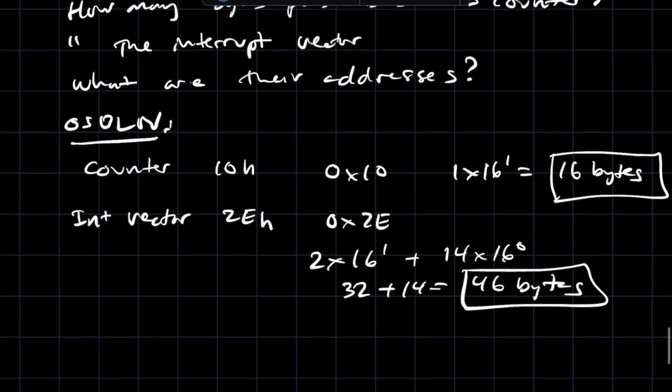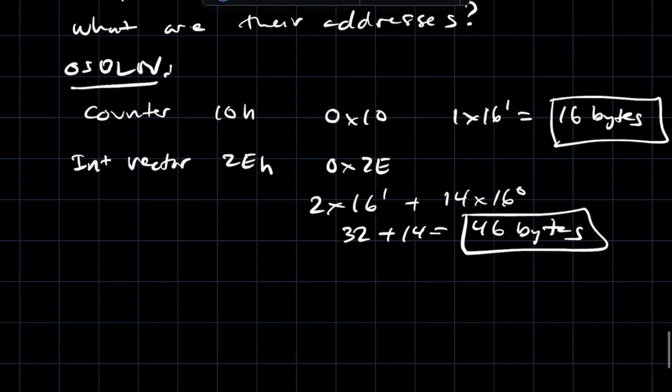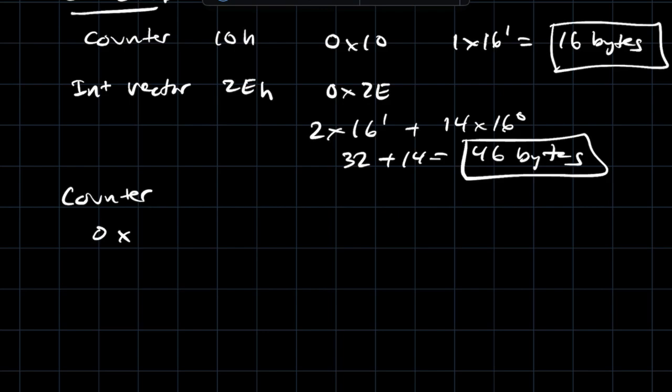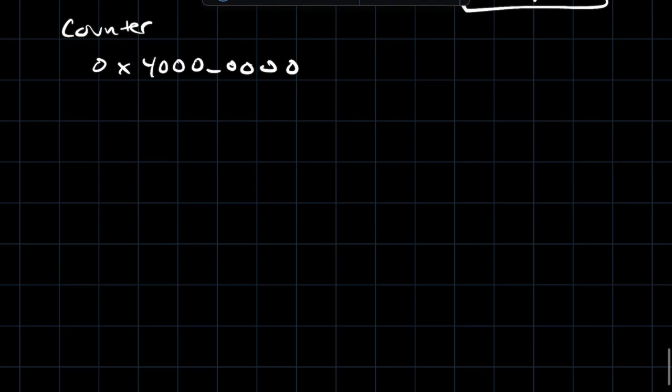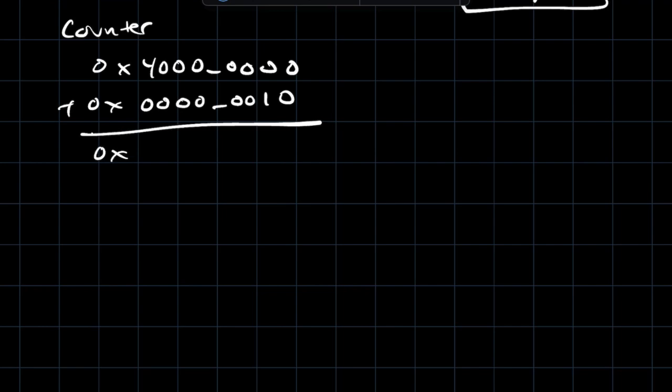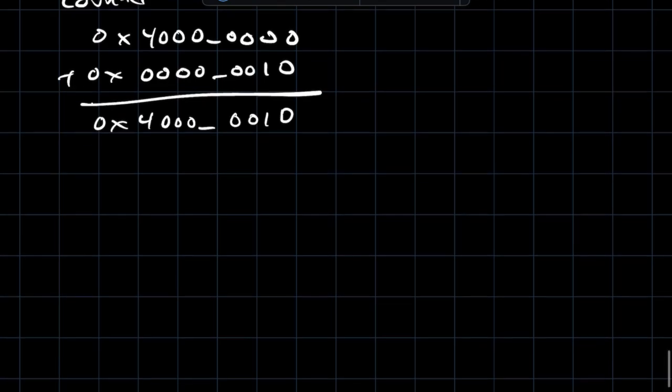And of course, if you want to get their address for the counter, it's the base address, which is again 4000_0000, and I just add that offset to it. So plus 0x00000010. And so the address would be a hexadecimal value of 4000_0010.